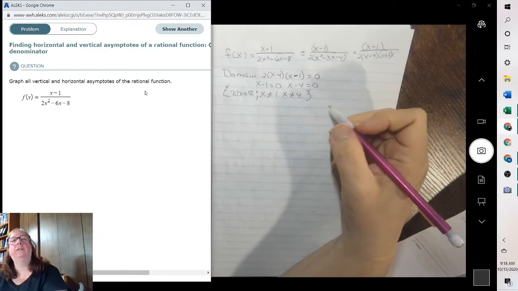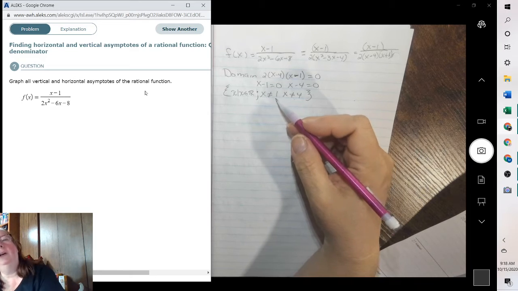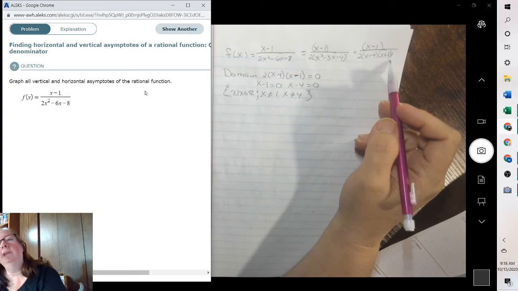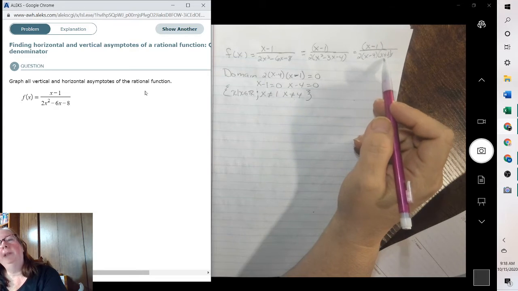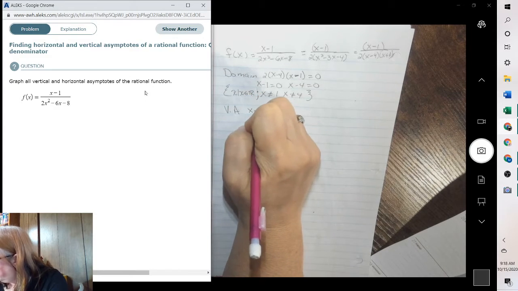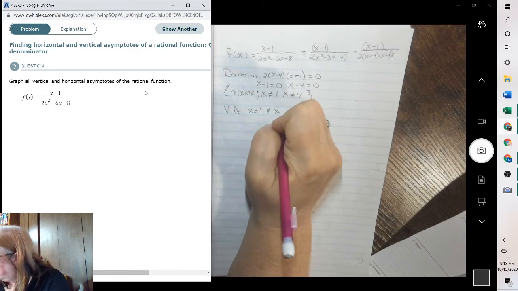That would be set notation, but x cannot equal 1 or 4. Now since these do not reduce, because this is a plus 1, both of these are vertical asymptotes. So we have a vertical asymptote at x equals 1 and x equals 4.